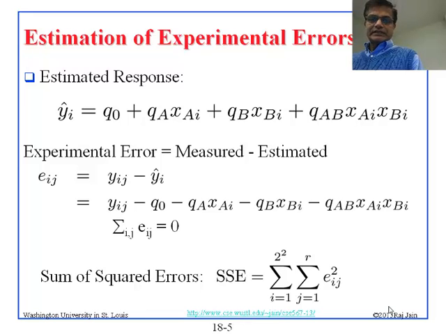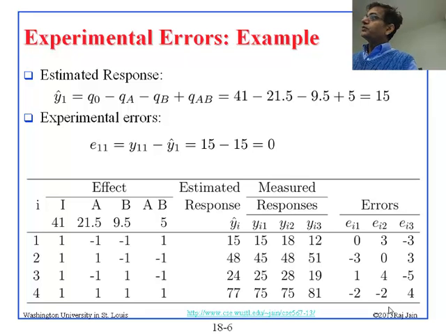So if you assume a linear model like this, then the values of q's that will minimize the sum of squared error are these. If you change the model to a different kind of model, which we will see in a minute, things change. But if you keep this kind of model, then your best bet is to use these values of q's that we calculated, and this is the minimum squared error you will get.